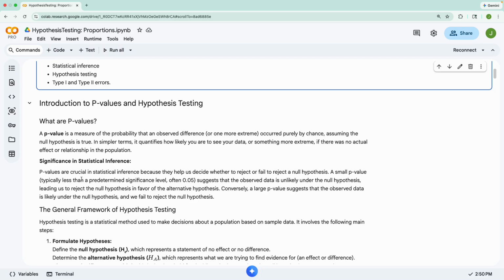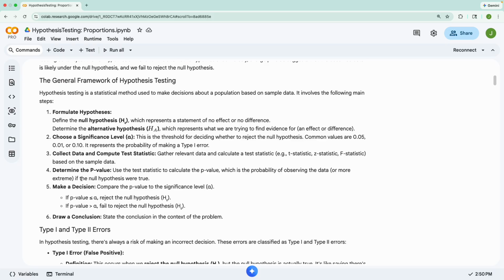Some people use a different threshold. Some people, for instance, use 1% and say that if the observed data has a p-value of 1% or less, then that is not likely to be due to random chance. So just keep that in mind.